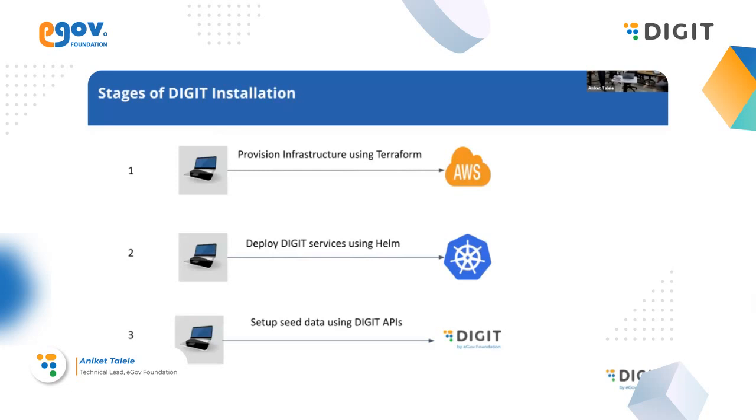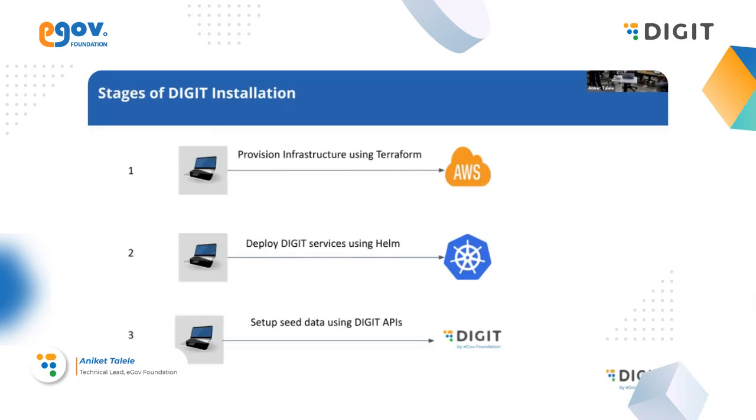All these things are configurable. So before you start filing complaints on PGR or in any other module, you need to do a basic data setup for that particular module.